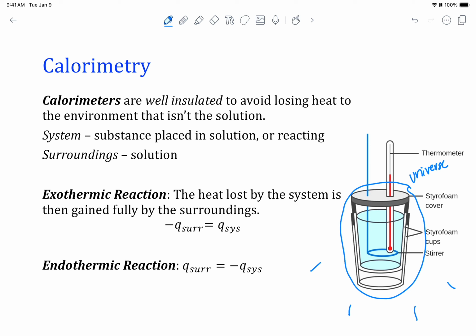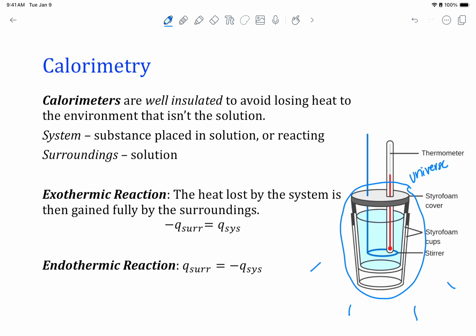I didn't have to worry about anything else but just the compound of the pan or whatever object I was looking at. But with a calorimeter, we have to look at both the water and the metal or the reaction that's going on inside of our reaction vessel, inside of our calorimeter.